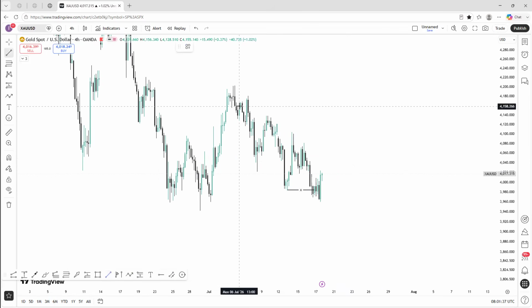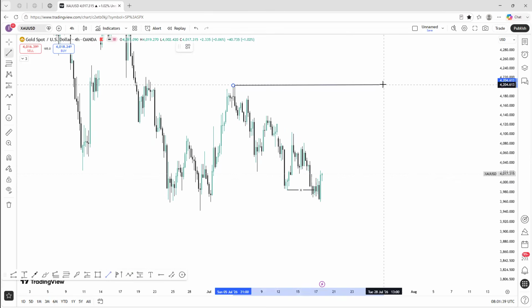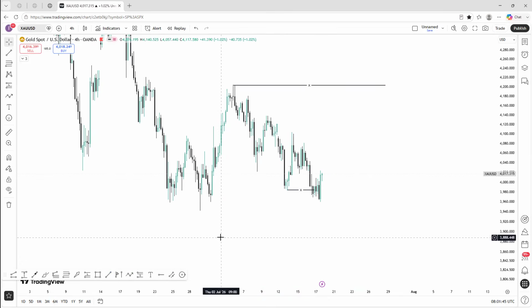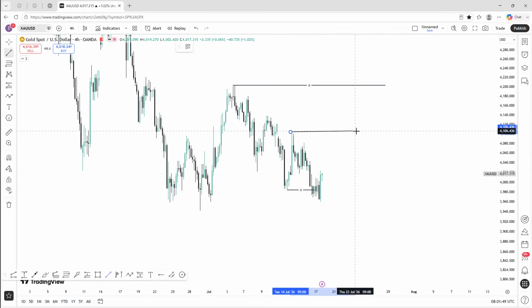And above here, we have major external range liquidity. Also here on this top, we have another liquidity around that area.